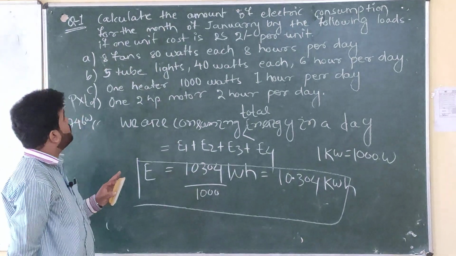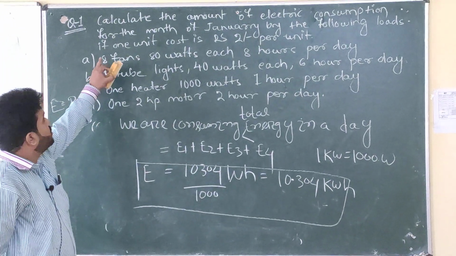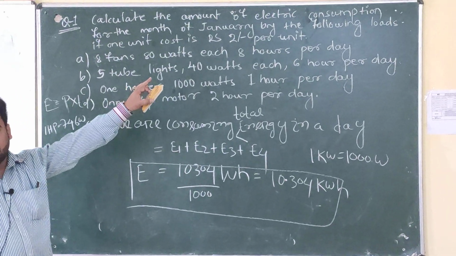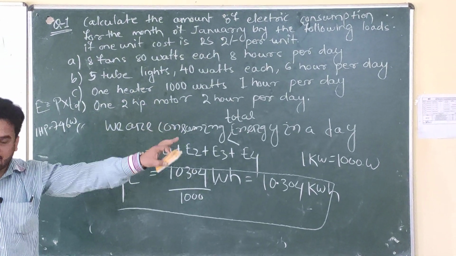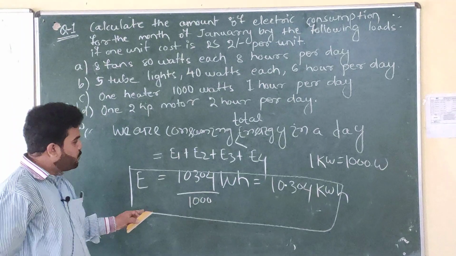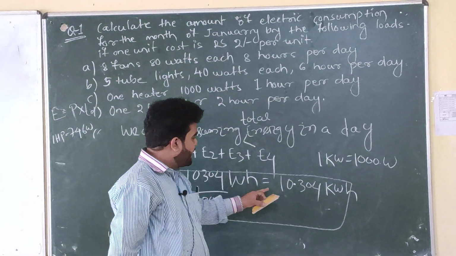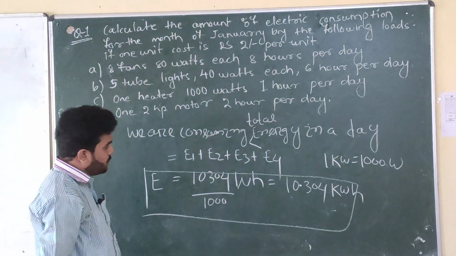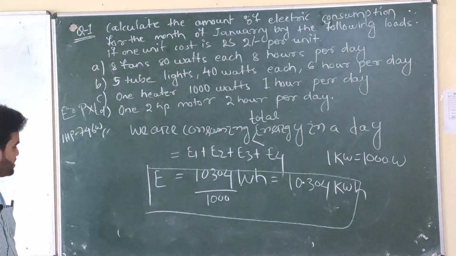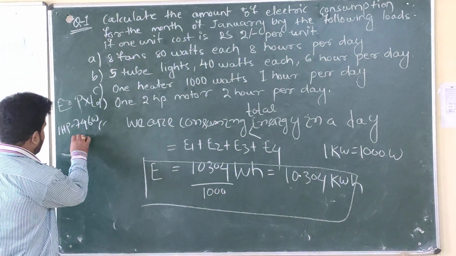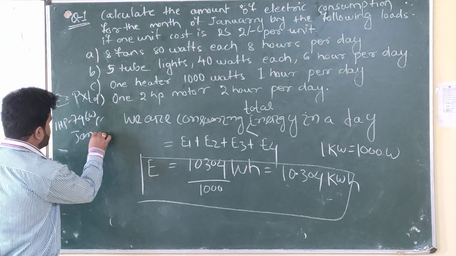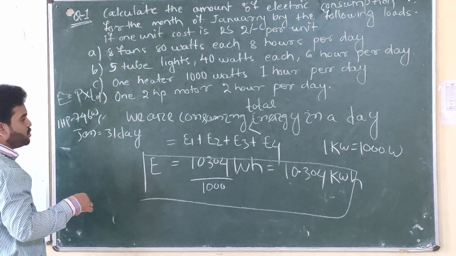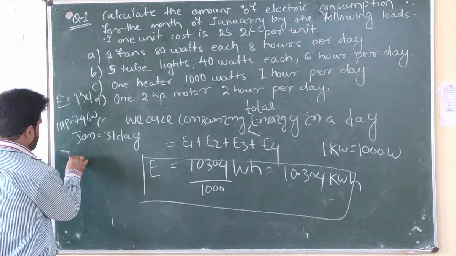But what is the question? The question is to calculate for the month of January. We found 10.304 kilowatt hour in a day, and the January month is 31 days. So how much energy will we consume?